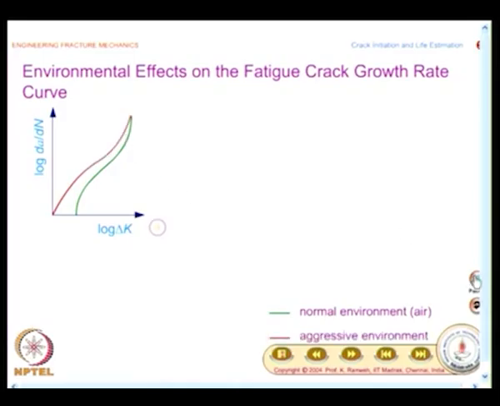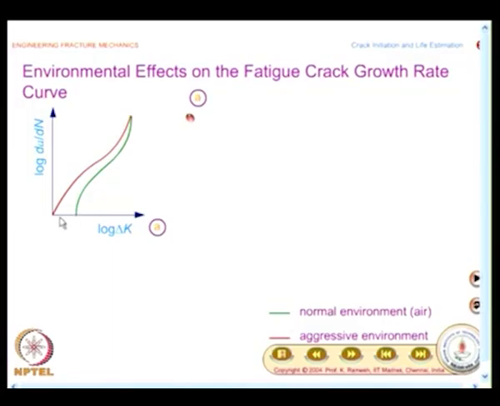If you have an aggressive environment, what you find here is the delta K threshold is 0. It is very dangerous. In a normal environment, you may have a finite value of delta K threshold.